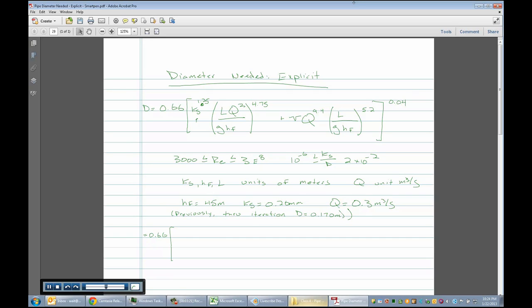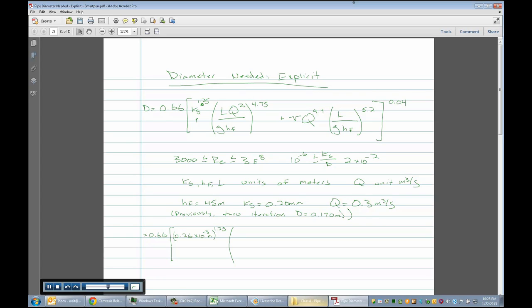0.66, and we're going to have K sub S in terms of meters, so that's 0.26 times 10 to the minus 3 meters. We need to take that to the 1.25 power.